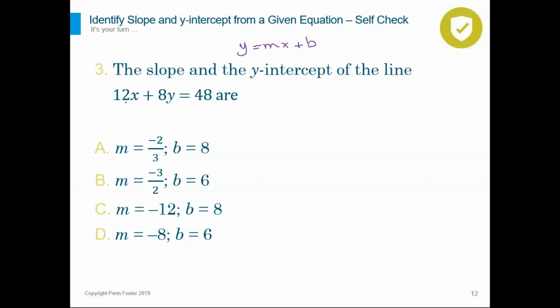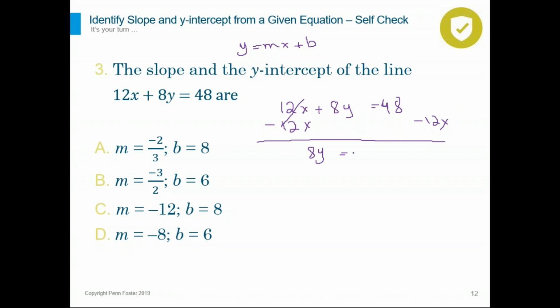So we need to use the proper steps to do that. 12x plus 8y equals 48. Our job is to isolate the y by itself. I see 12x added, then subtract 12x from both sides. Okay, that's gone. We have 8y by itself.